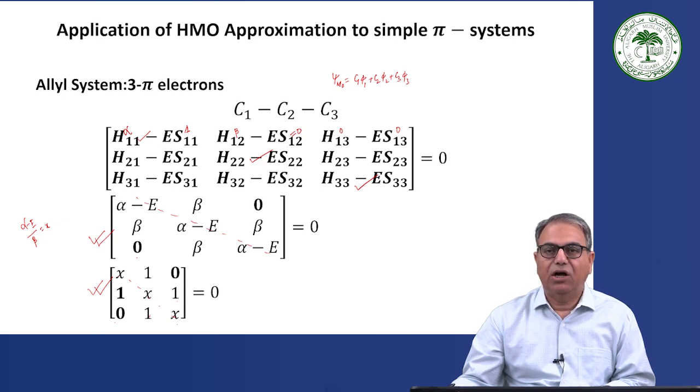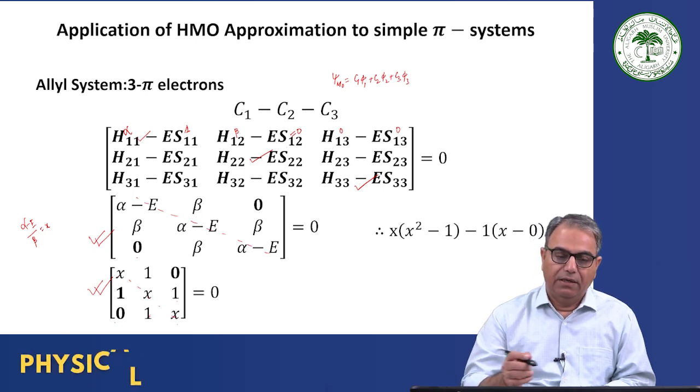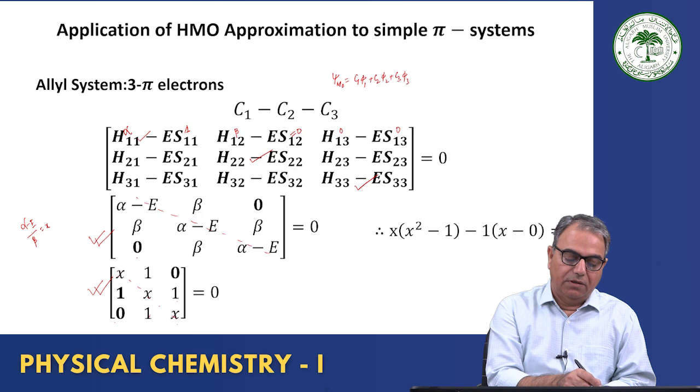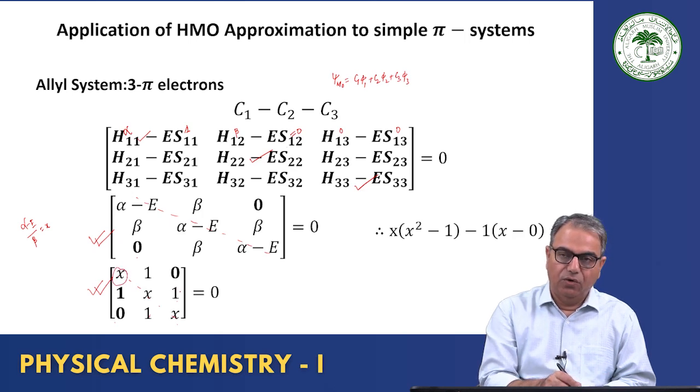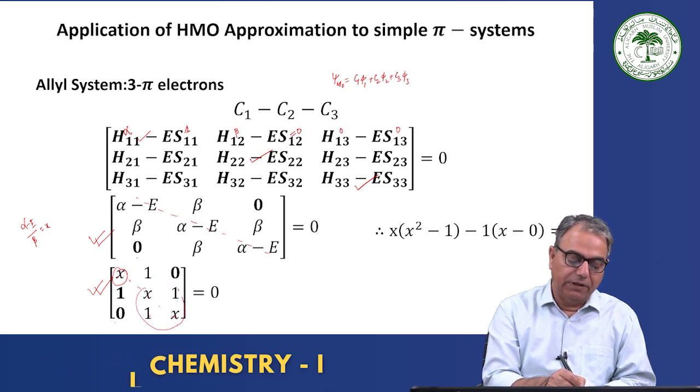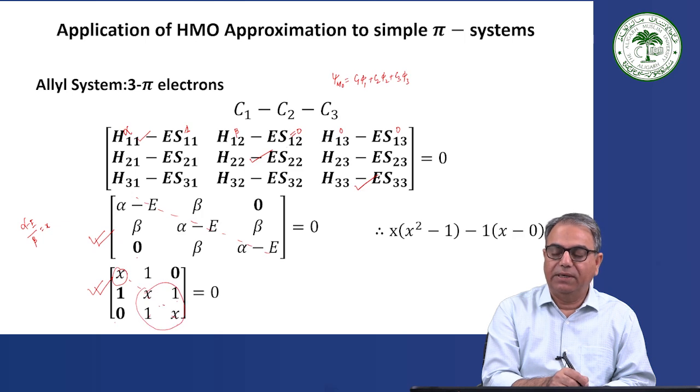See how many values of x you get. How do you write the value of this determinant? Take the first term of the determinant, x, and then neglect the first row and first column, because you have already taken one term from this one, and then consider the 2 by 2 determinant like this one, and this is x square minus 1.